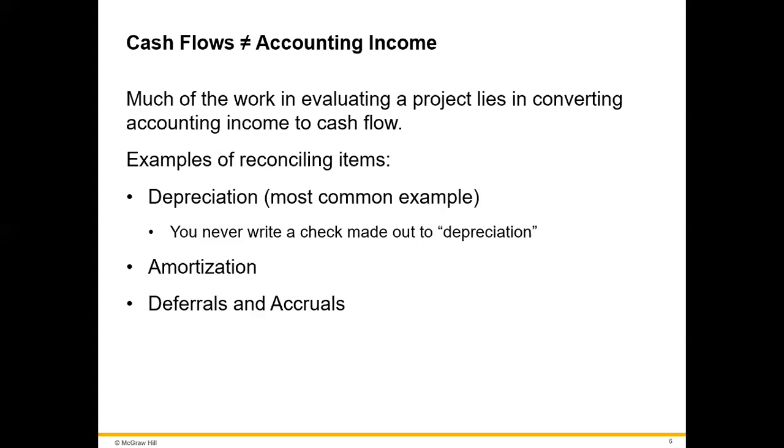However, we subtract them on our income statement for accounting income. Those kinds of things are not subtracted to get cash flow. Same with amortization. Now remember, depreciation is the word used to describe the expensing of a tangible asset. Amortization is also expensing, but it's of an intangible asset. So that should be added back as well to accounting income. This should have never been subtracted if you want to know cash flow.